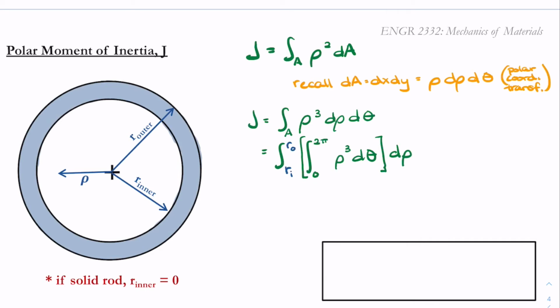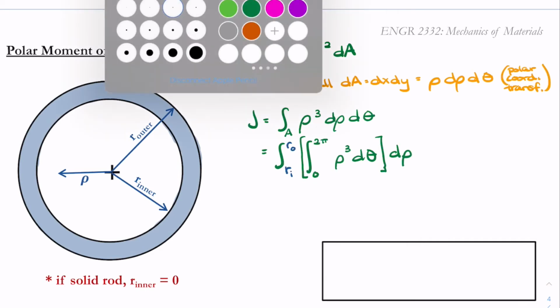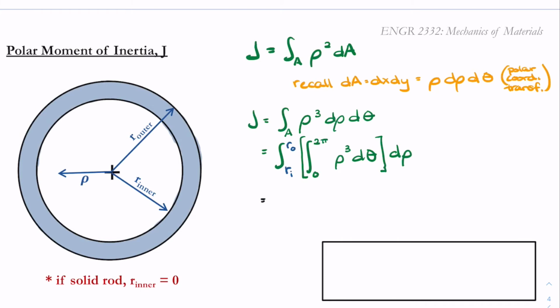All right, so now it's just some calculus to do the appropriate integrations here. I don't have any thetas in my function, and so when I integrate the inside integral, this is going to result in rho cubed times theta. Now I have to evaluate this from 0 to 2 pi.